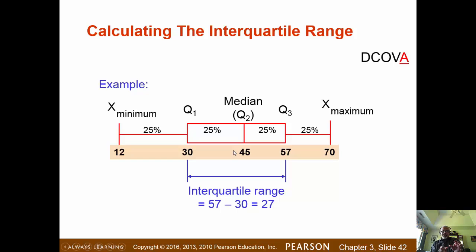But depending upon the length of the whiskers and where the Q sub 2 line actually occurs, we can tell from the box plot whether there is a skew in the data distribution, and also how tightly knit the values are around the center value, or how widespread the values are.